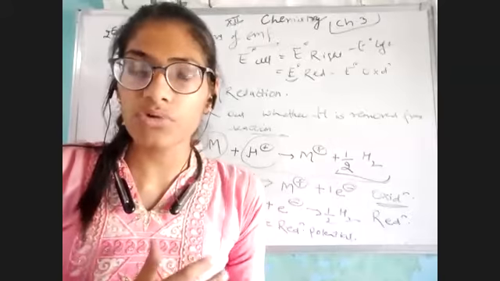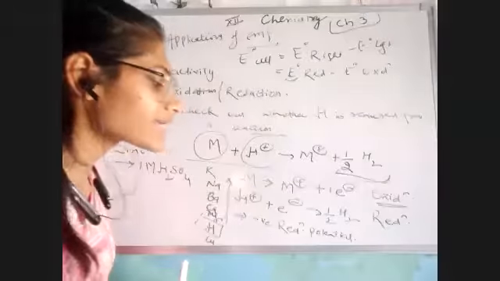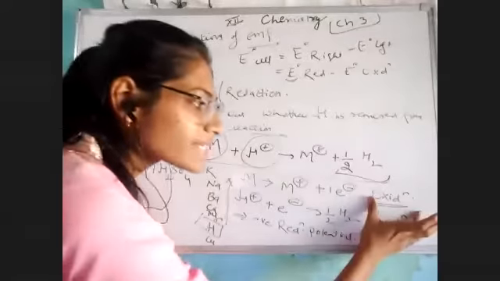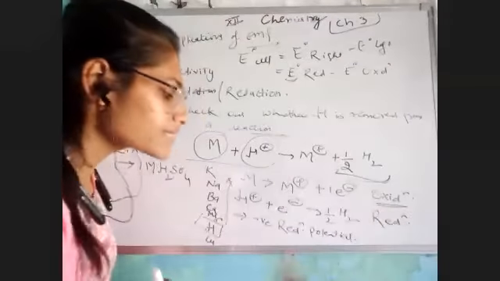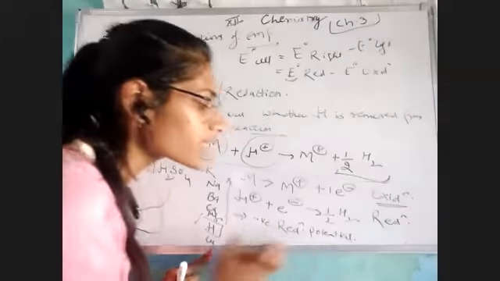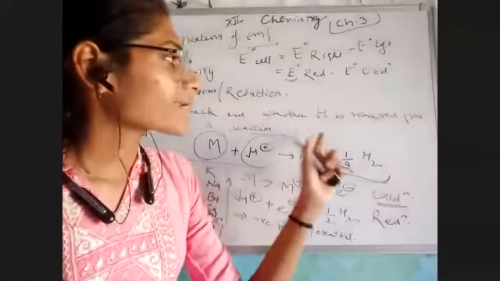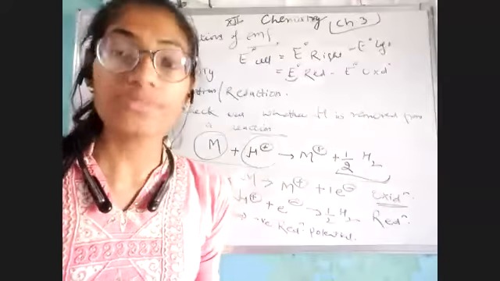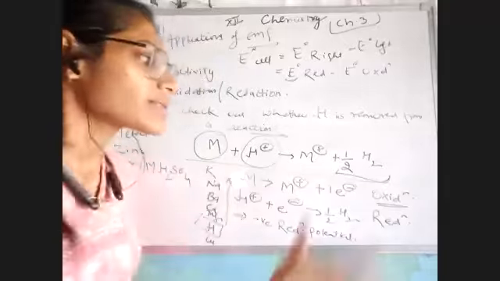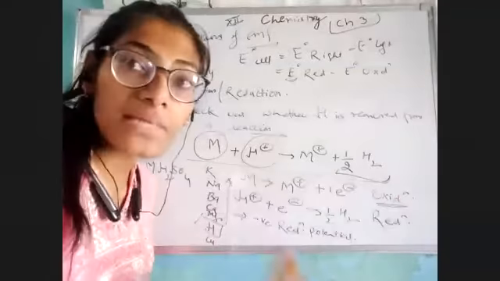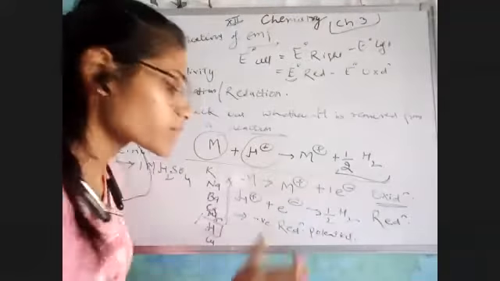Am I clear, or should I repeat it again? From this equation, we can say that if oxidation is taking place at the metal, that means if the metal has a negative reduction potential, that metal would remove hydrogen gas. Because in the last class we have seen that oxidation takes place only where the reduction potential is negative.